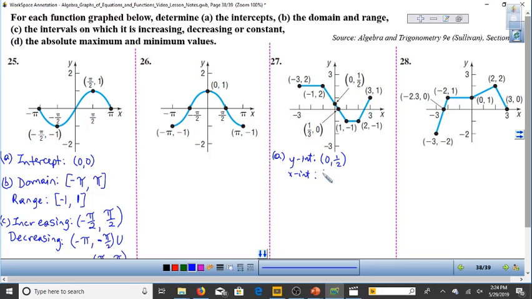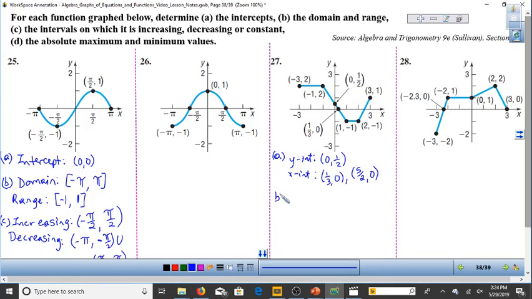One of them is at (1/3, 0). The other one, as you can see, the slope of this graph goes from -1 to over 1, so it crosses halfway there. So the x-intercept is at 2.5, which is (5/2, 0).